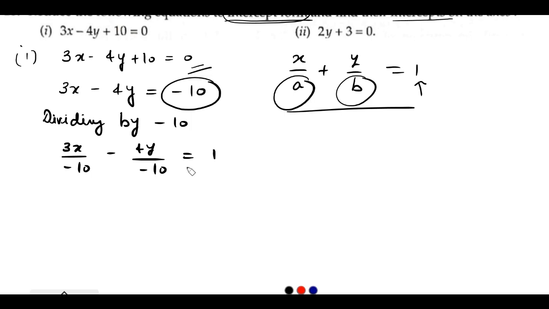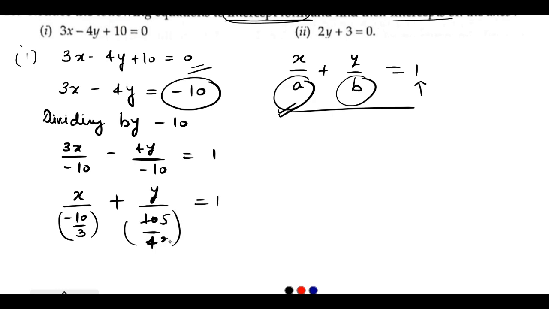Now write this equation in intercept form. We can write x upon minus 10 upon 3. This is the value of a, the x-intercept. Plus y upon 10 upon 4, means 5 by 2. This is the value of b, the y-intercept.